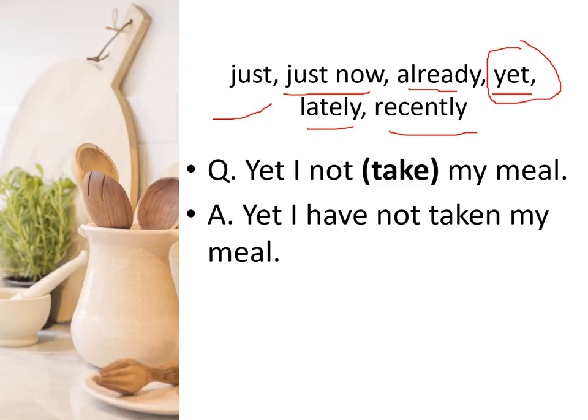Yet is usually used to make a negative sense, I mean, to represent the negative meaning of the sentence. For example, the person is saying that though the time is over, he has not taken his meal. So in that situation, he will say, yet I have not taken my meal.